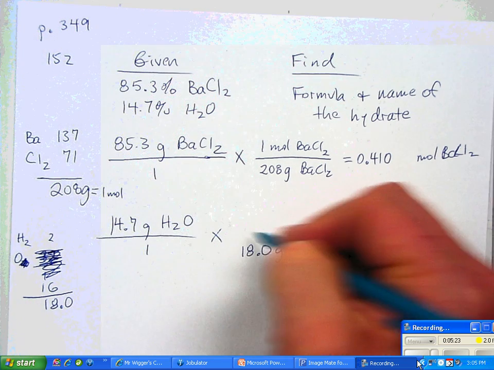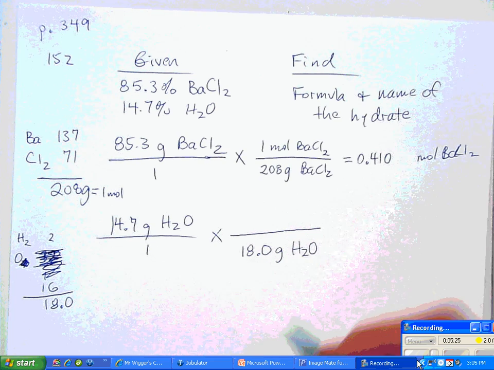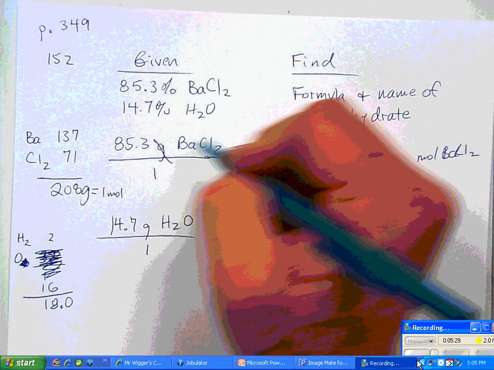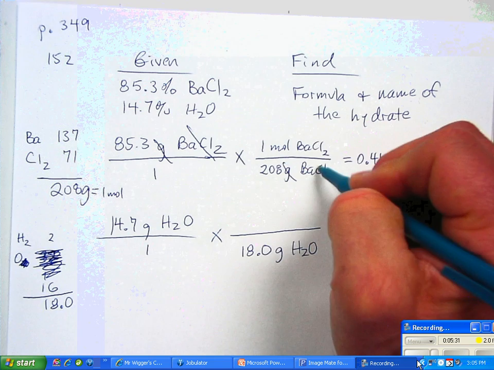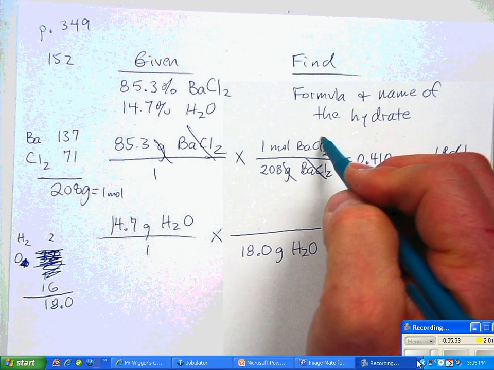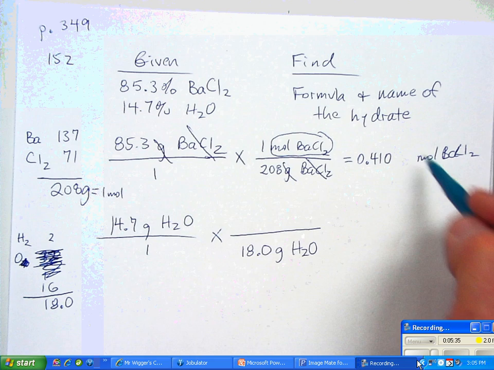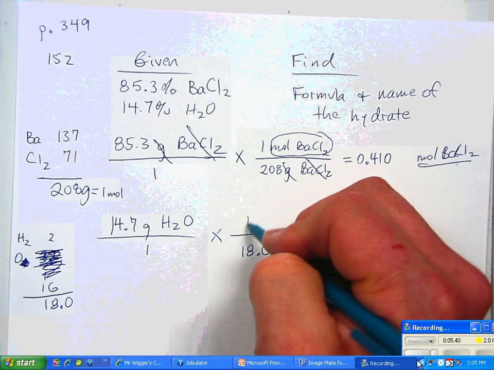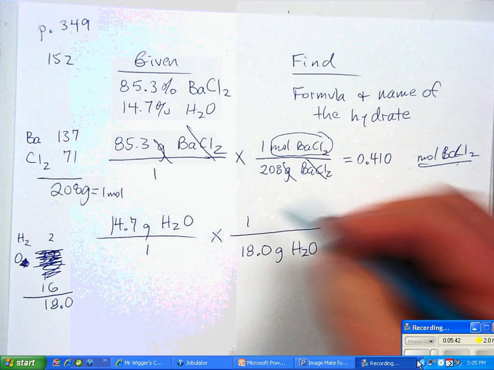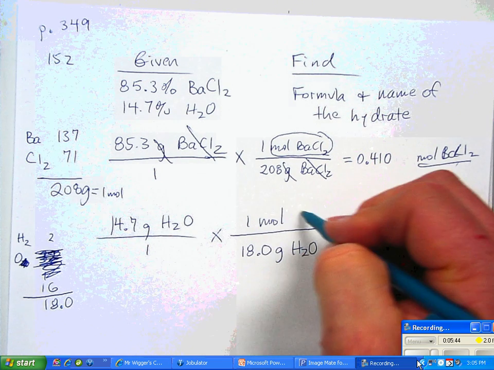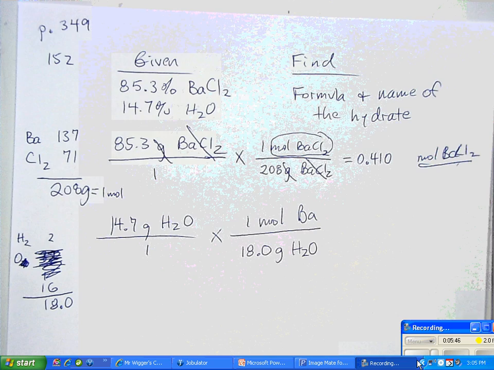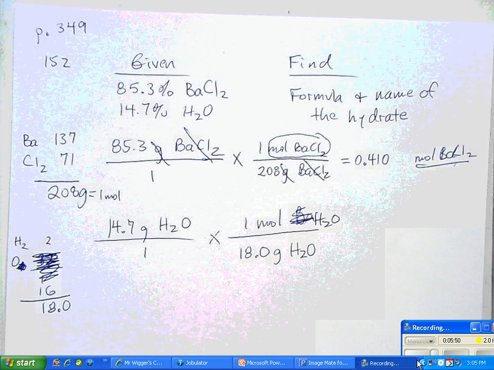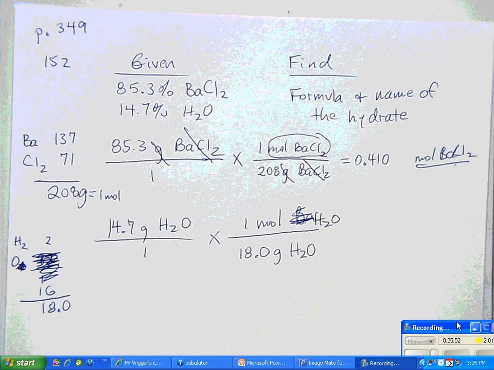Why is the water on the bottom? The grams on the bottom? Grams has to cancel. Okay, up here, I should have done this. Okay, cancel the grams of barium chloride, and we're left with moles of barium chloride, which is our answer for this calculation. And now up here, what do we have? 1 mole of water. Oops, water, thank you. You're keeping me honest. Okay, I was getting distracted a little bit here.